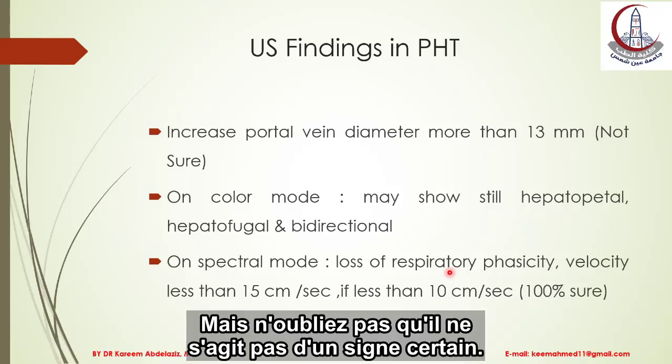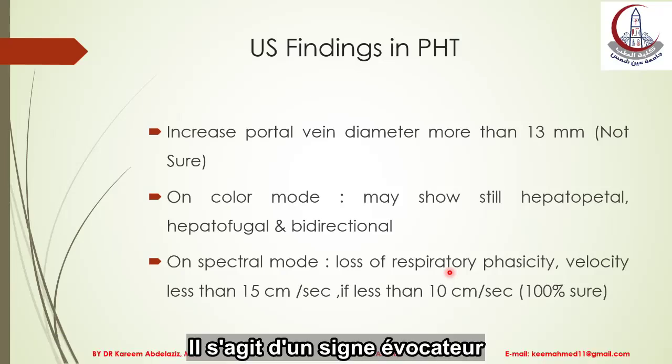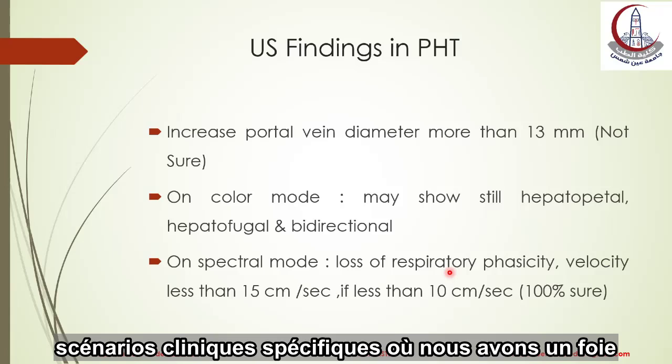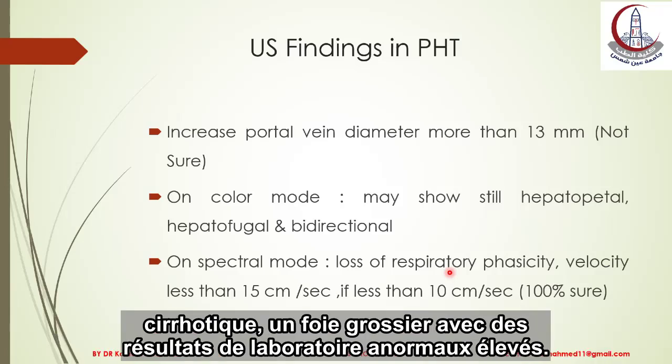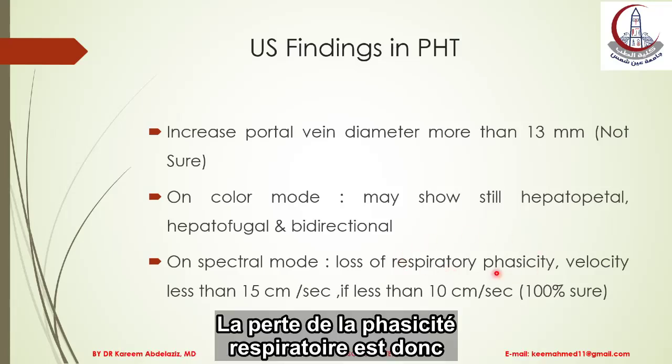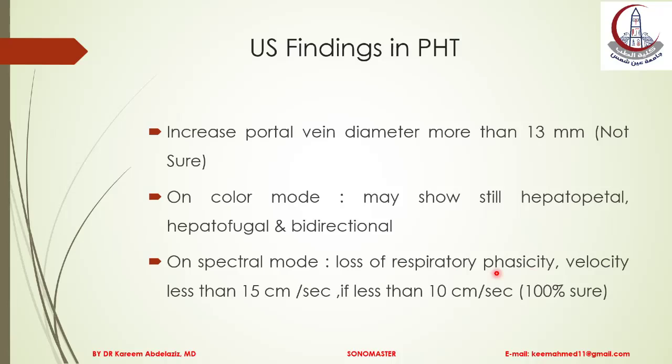But remember, this is not a sure sign. It is suggestive of portal hypertension in specific clinical scenarios, where we have a cirrhotic liver, a coarse liver with elevated abnormal liver laboratory findings. Okay, so loss of respiratory phasicity is suggestive, but not a sure sign.